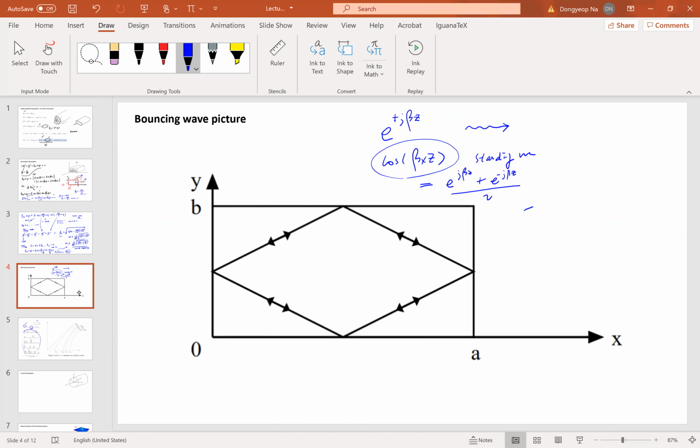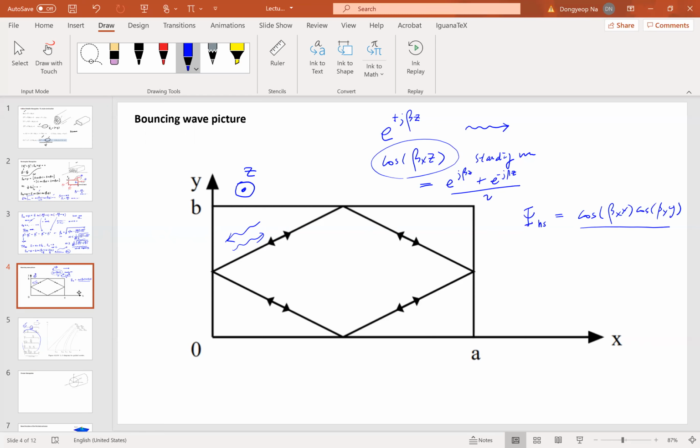So in our previous study, the transverse field of the TE mode was cosine beta x and cosine beta y. So while propagating in the z direction, this kind of field profile can be interpreted as a bouncing wave picture.